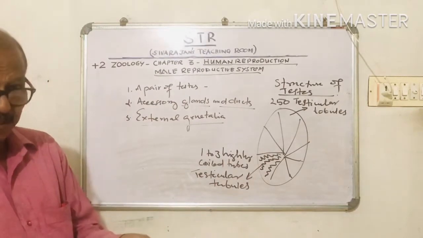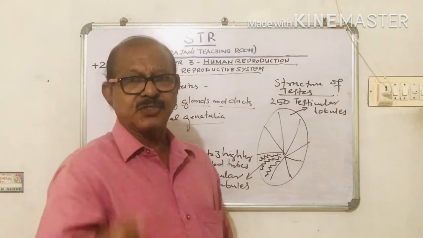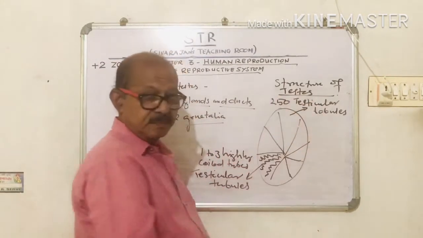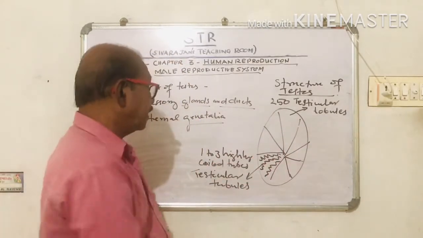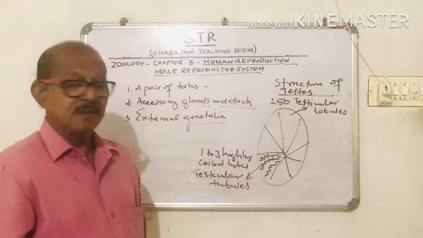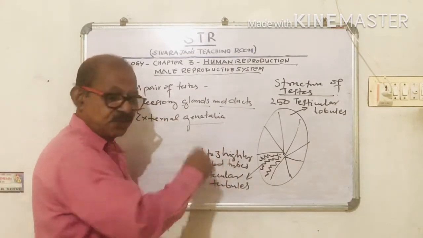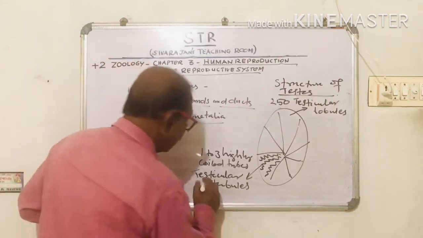So each testis has 250 chambers, and each chamber is called a testicular lobule. Such 250 testicular lobules are there. Then in each lobule there are 1 to 3 highly coiled tubes. These tubes are called testicular tubules.